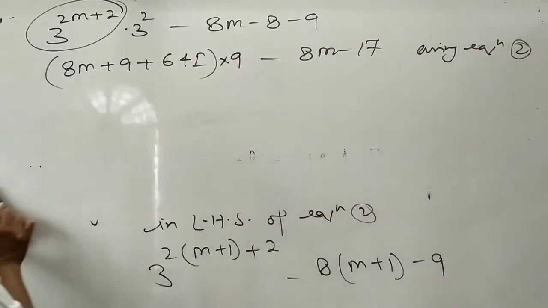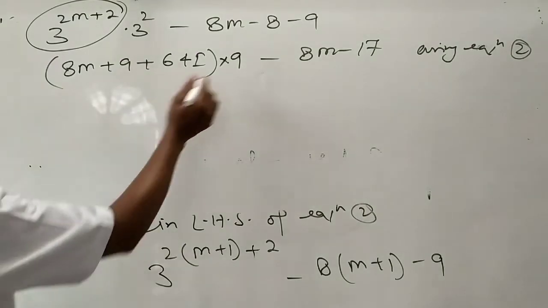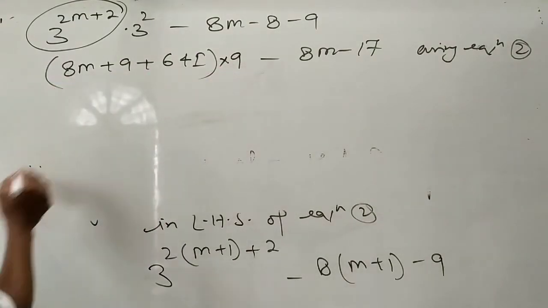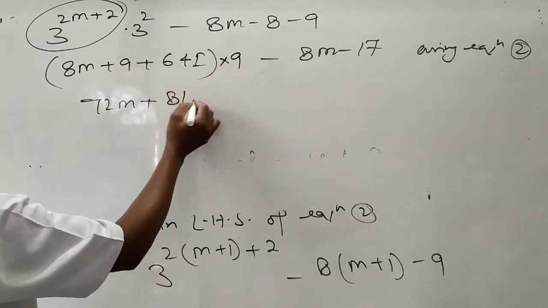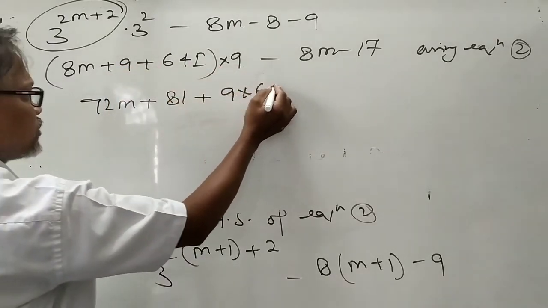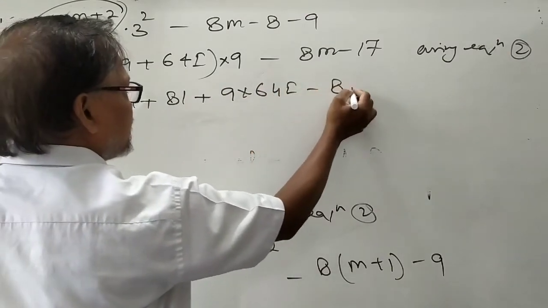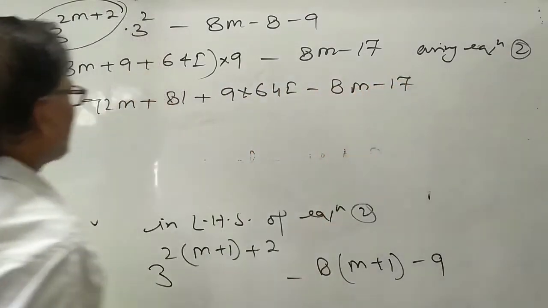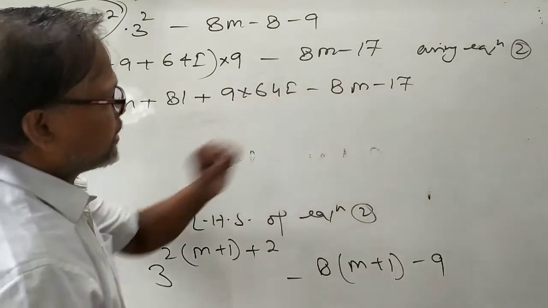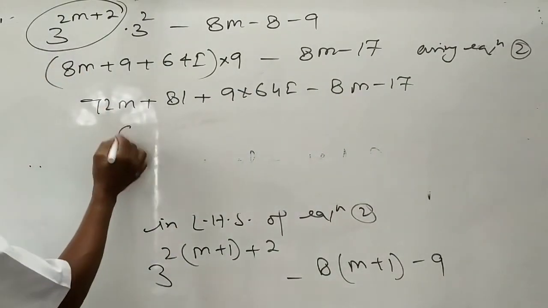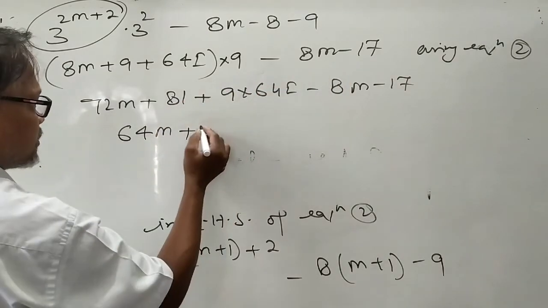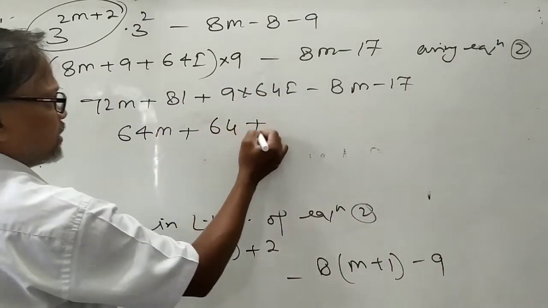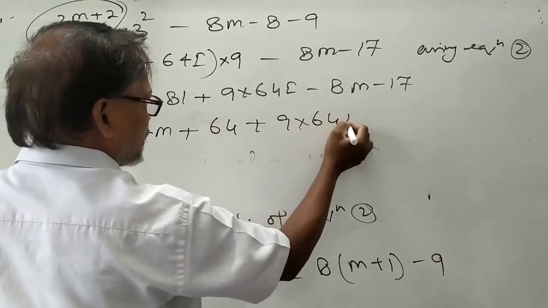Now multiply and see the value. 9 8s 72, 9 9s 81, 9 into 64i minus 8m minus 17. 72m minus 8m, how much? 64m plus 81 minus 17 is 64, plus 9 into 64i.